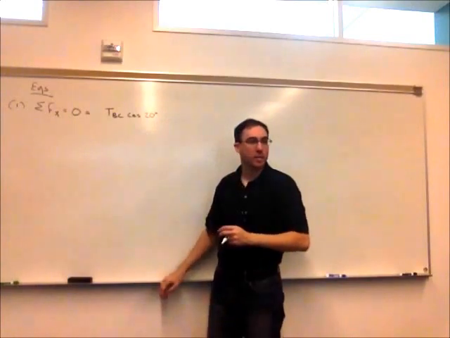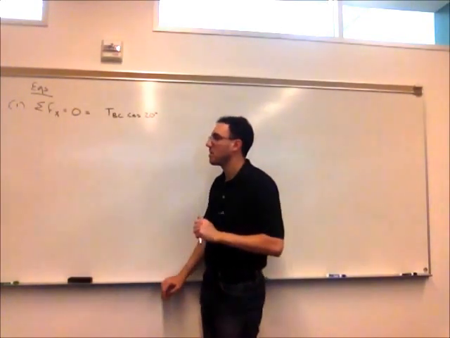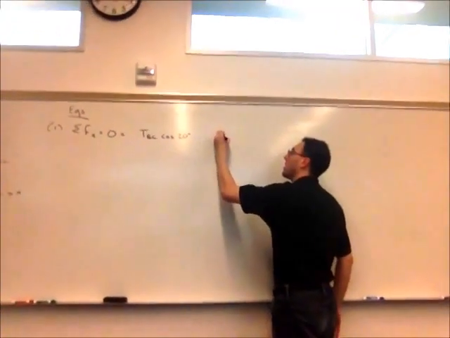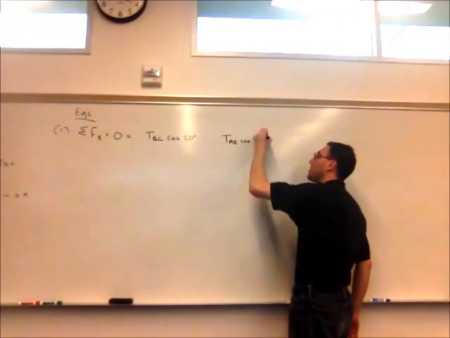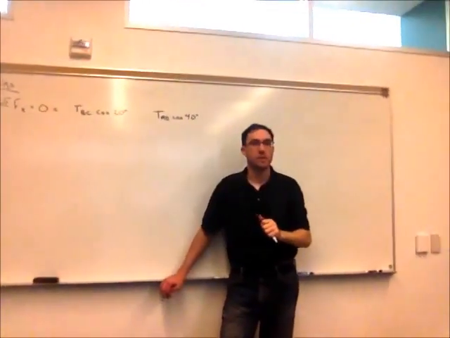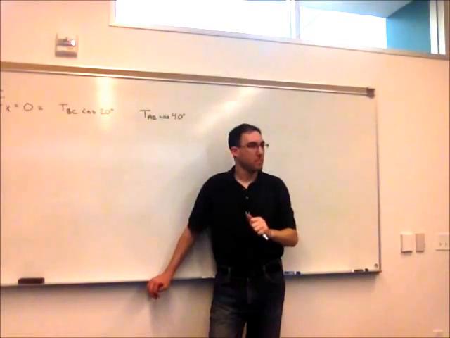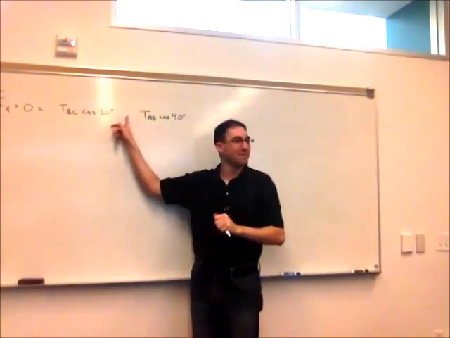What else do I need in this equation? You have to add the TAB cosine 40. Right, so the horizontal component is TAB cosine 40. So what's missing from the equation? Right, so which should it be?